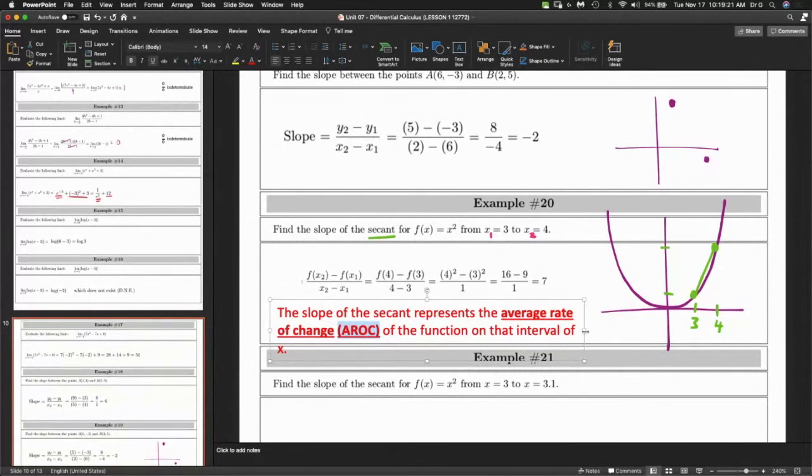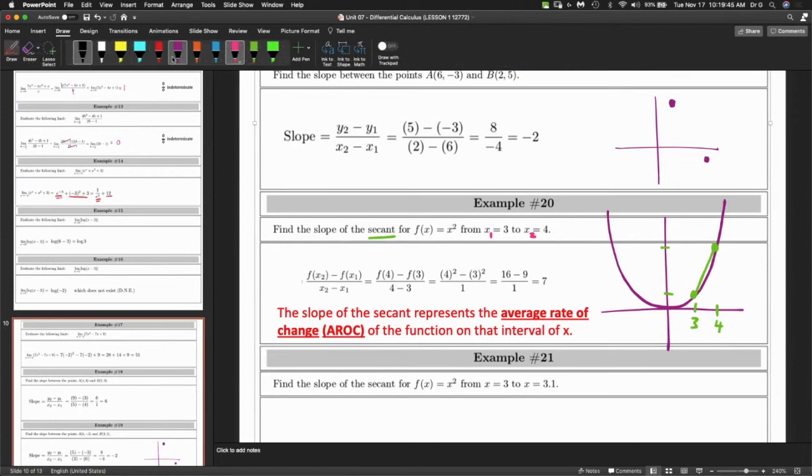Anybody else heard of AROC? In calculus? Nope. Okay, so what does that say? If you have this graph here, what it's telling you is that from here to here, the graph is changing a certain amount for a given change in x.